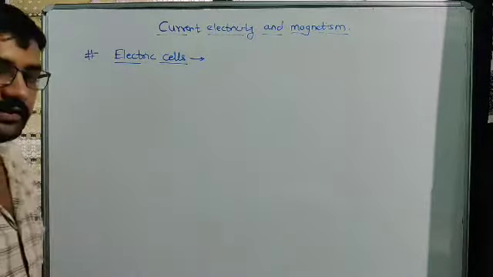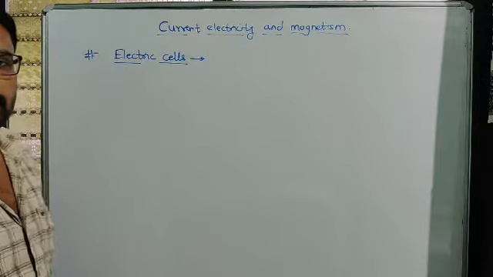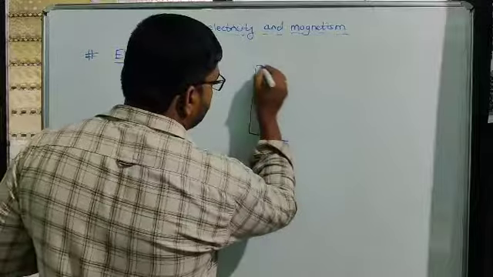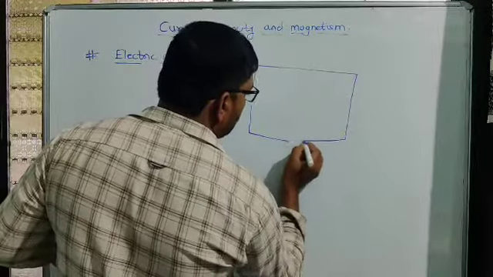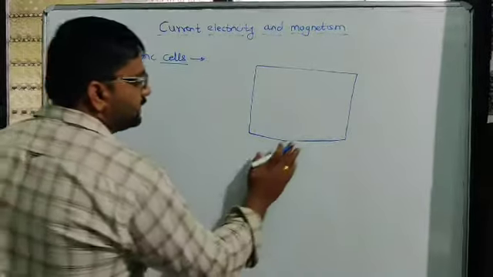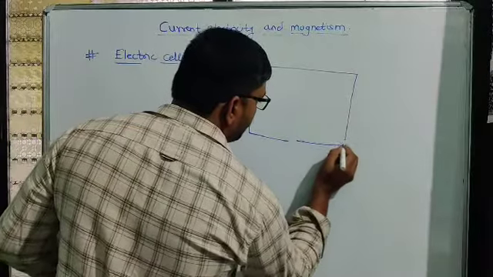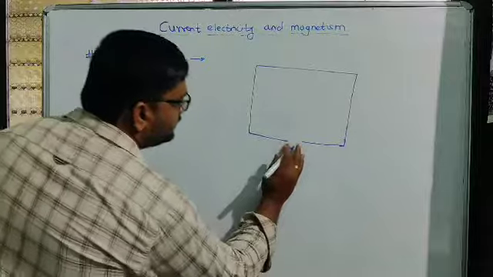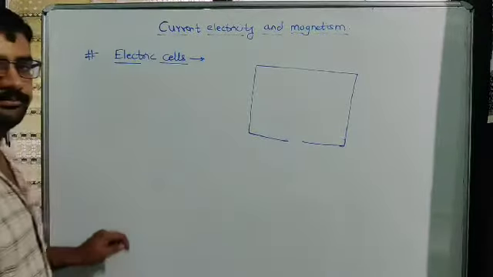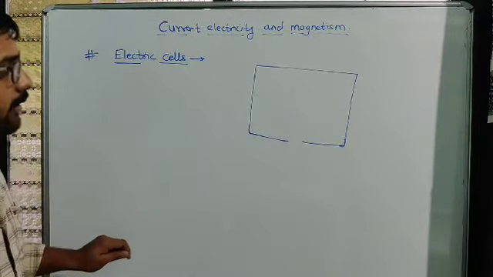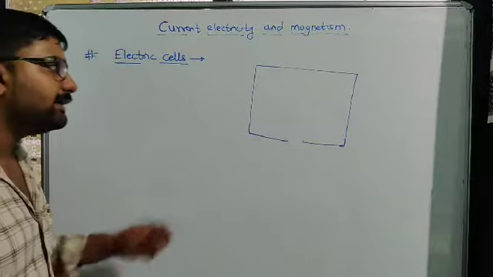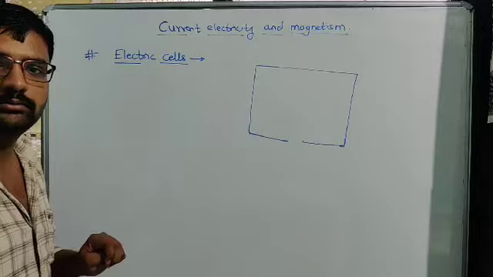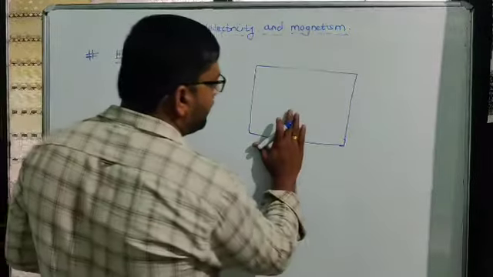First thing we see is the potential difference. Suppose this is one wire, and this wire is disconnected from here. Is electric current flowing through this wire or not, because this is the only wire?